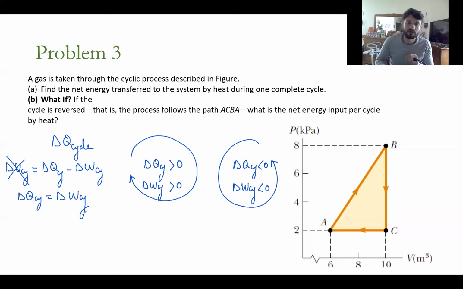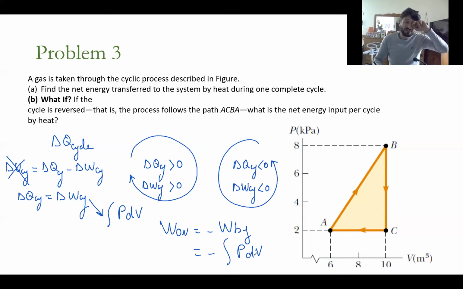Here, be careful. I am using omega by the gas, where delta omega equals the integral of p dv. If I ask you to calculate the work done on the gas, omega on equals minus omega by, so minus the integral p dv.